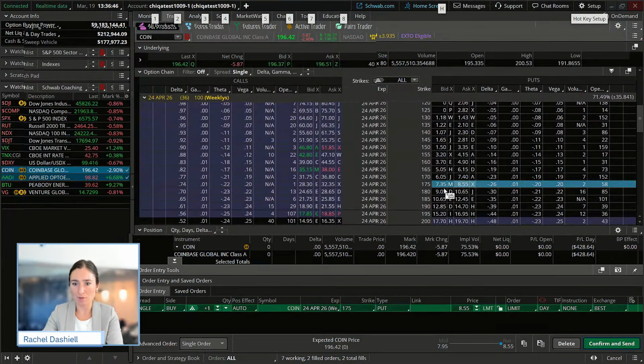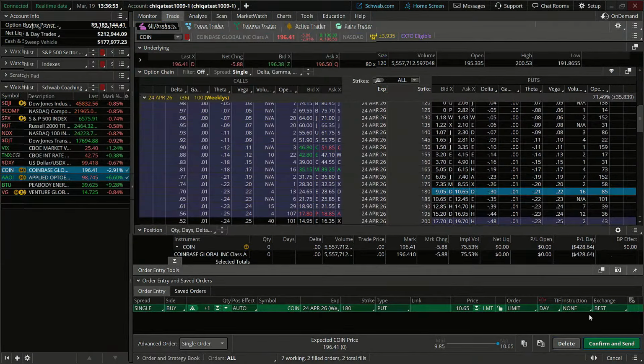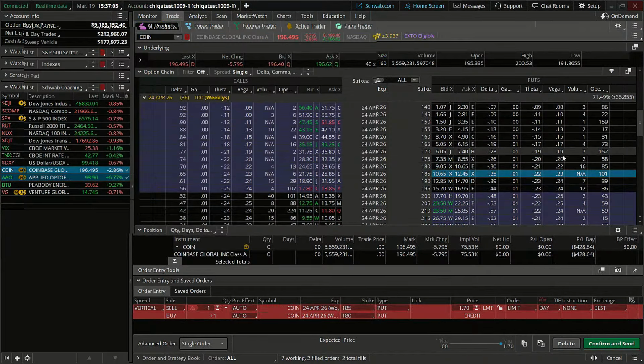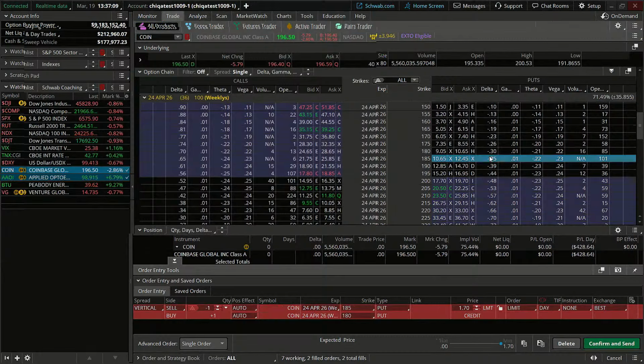So we're going to look here, buy the 170. Actually, we're going to buy the 180. Sell the 185, sorry. Okay, yeah, buy the 180, sell the 185, because that was just below support there. So that's if we're seeing a $10 move to the downside, still gives us a little bit of cushion.